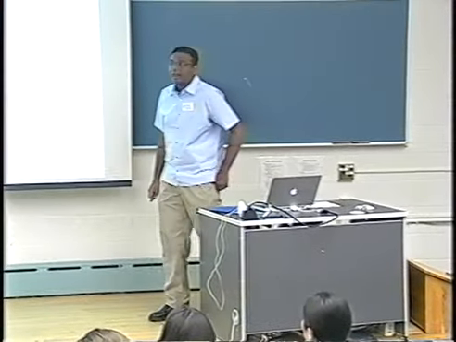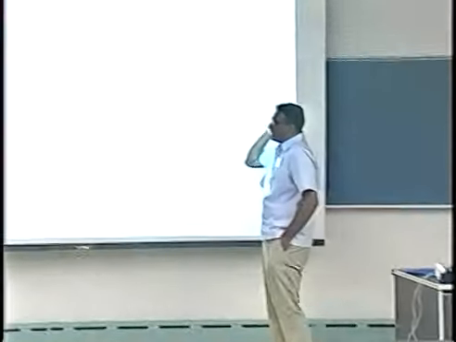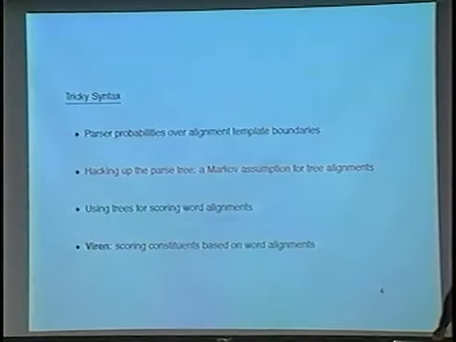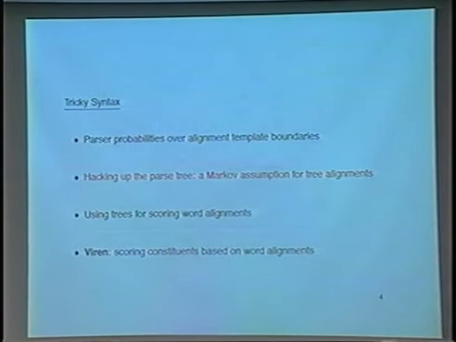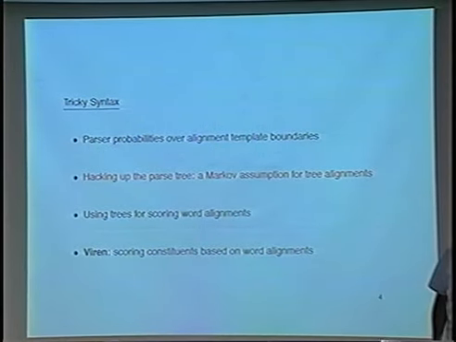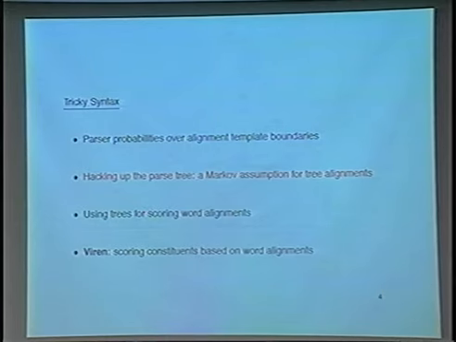Go to the next set of features that I'm going to talk about. And this one involves actually trying to make the full parse tree alignment models tractable. So essentially, we're going to look at hacking up the parse tree, or in other terms, trying to find some kind of Markov assumption for full tree alignments.